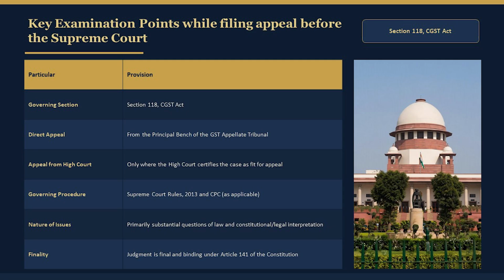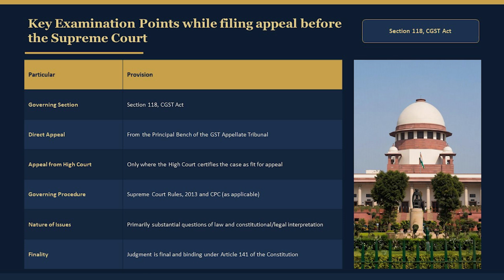What are the key examination points for filing an appeal before the Supreme Court? First thing is, an appeal before the Supreme Court is governed by the provisions of Section 118 of the CGST Act. A direct appeal can be filed against orders issued by the principal bench of the GST, and wherever High Court orders are to be contested, an appeal can be filed only if the High Court certifies that it is a fit case for appeal.